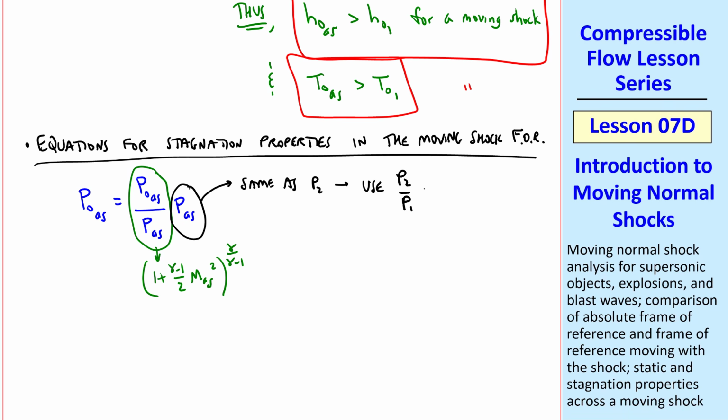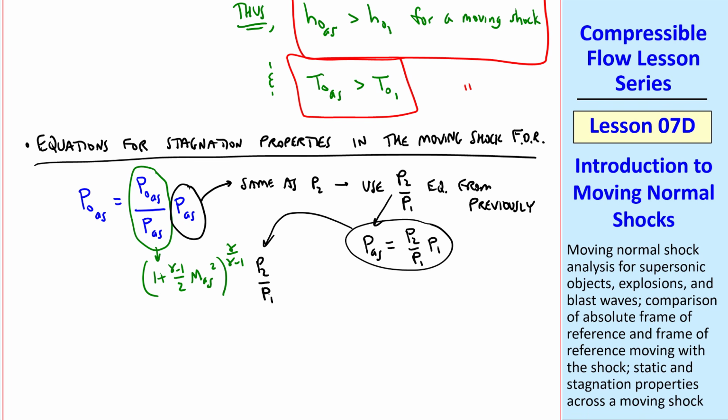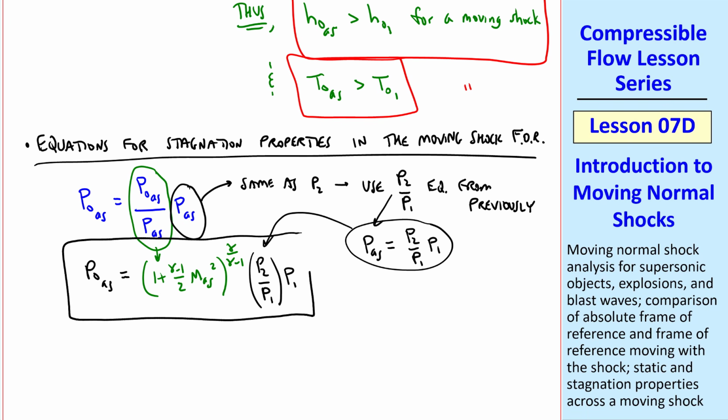So we can use the P2 over P1 equation from previously to calculate PAS, namely PAS is our shock equation P2 over P1 times P1. I'm not going to write out that equation here, but we can just plug that equation along with P1 to get our final equation for P0AS.